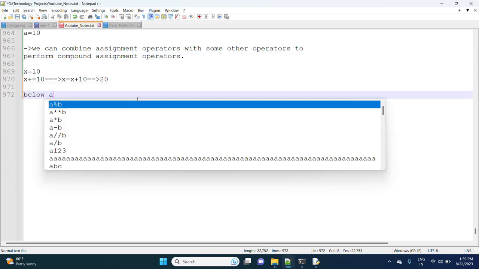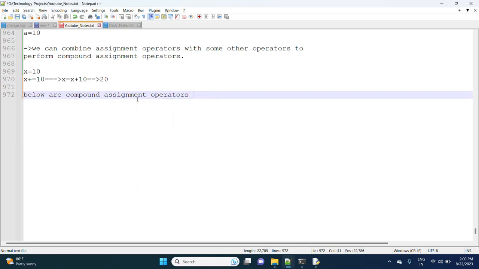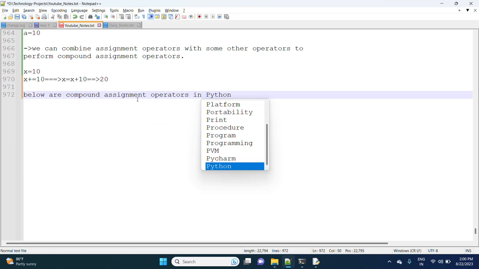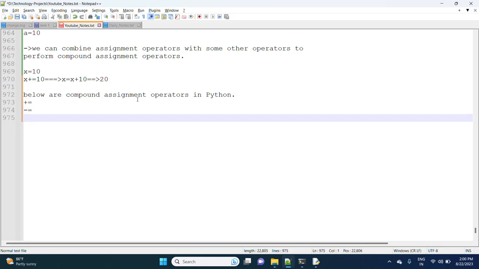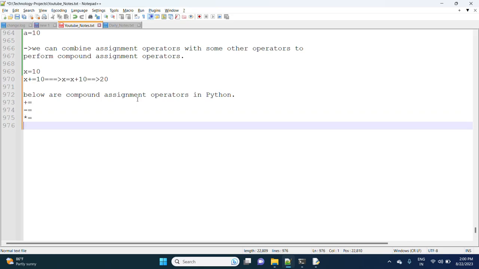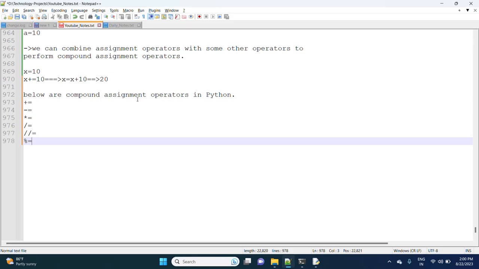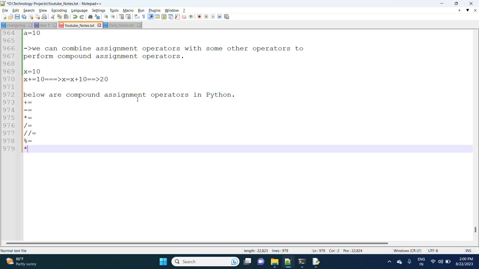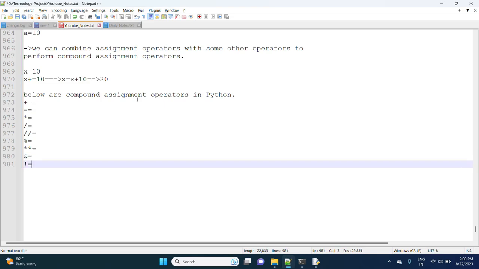Below are the compound assignment operators in Python: plus equal to, minus equal to, star equal to, division, floor division, percentage equal to, and so on.